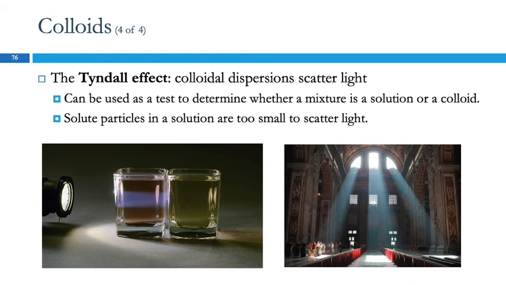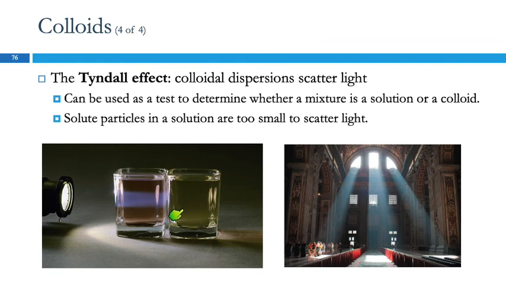The Tyndall effect is how colloidal dispersions scatter light. So what we've got here is a strong flashlight going through two containers of liquid. In this one, we can see where the light is going through, and in this one, we cannot. This is a solution.